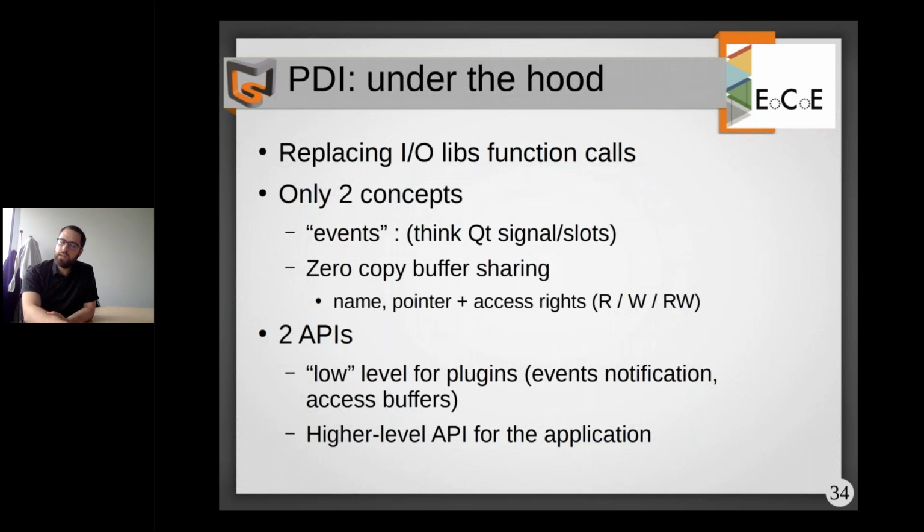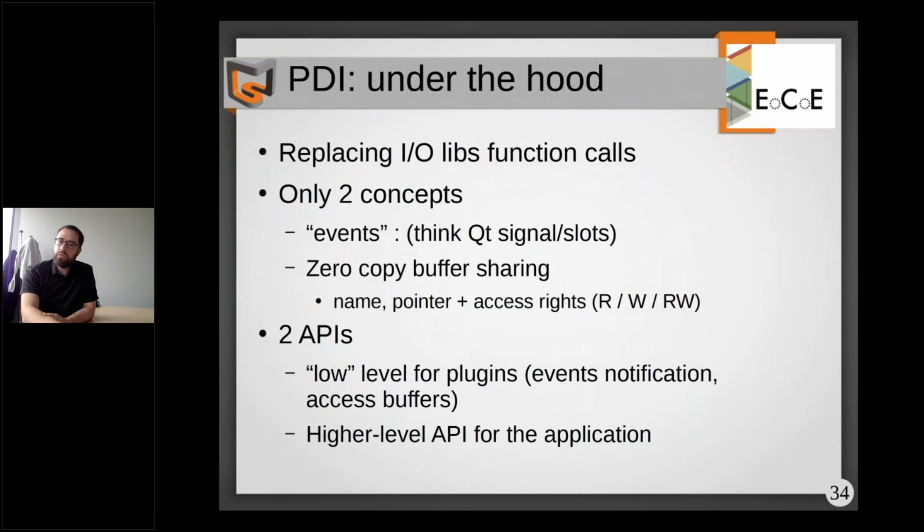And the second one is the concept of sharing buffer. Basically, with zero copy, you just provide a name, a pointer to the buffer you want to share, and an access right. And this makes it possible for plugins to use the buffers provided.